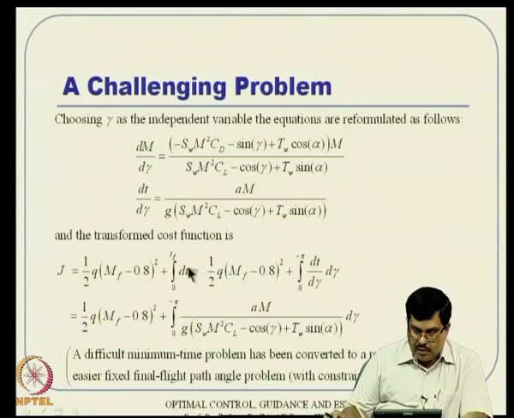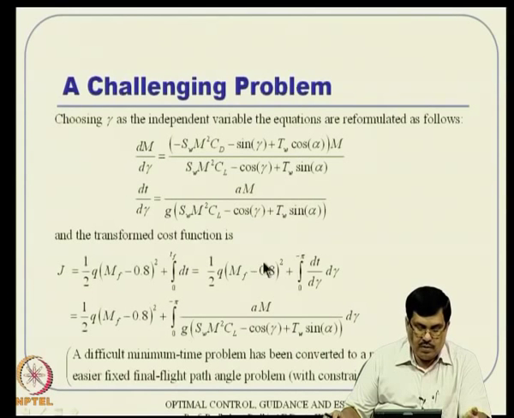And remember this dt can be thought of as dt by d gamma into d gamma, and this dt by d gamma is available here. So this expression can be substituted here, and this MF minus 0.8 and all that is anyway available.